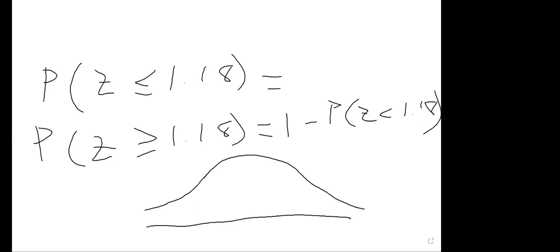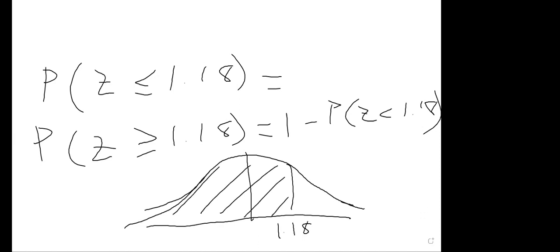If you are looking at the normal distribution table, you will have 1.18 here, and this is the area to the left. The total area under the curve is 1. So to find the area to the right, you do 1 minus area to the left. But with your calculator, you can just enter lower value 1.18 and upper value like 1 million or 1,000.